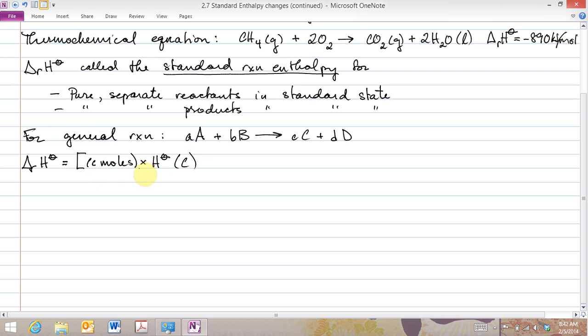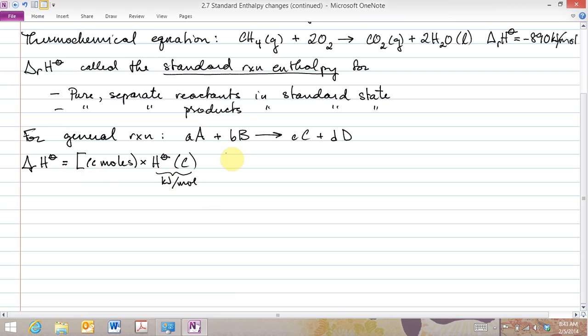So we're in moles here, and this quantity is given in probably kilojoules per mole. So you get a cancellation of the units of mole, and your reaction enthalpy is going to wind up being in terms of just joules or kilojoules.